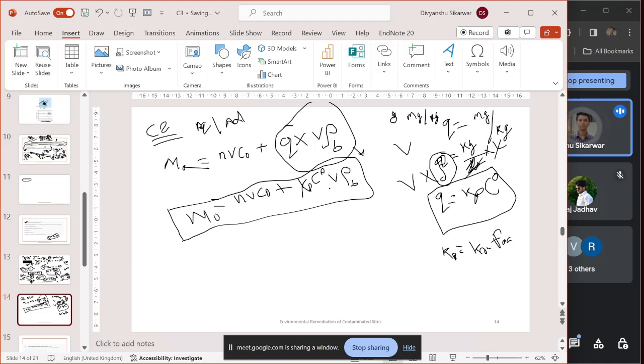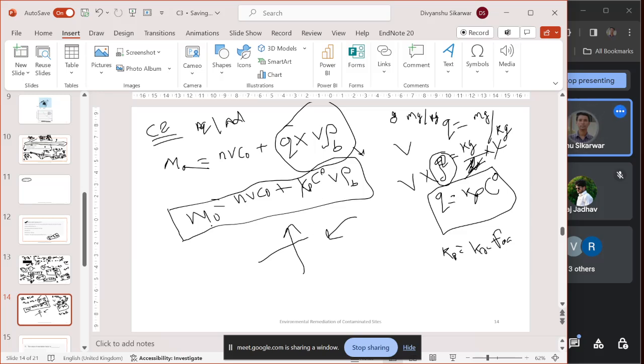If you pump water for 1 month, some contaminant will come out in dissolved form, and then you leave it for some time. Then the adsorbed contaminant will get desorbed and come into the water, and then you pump the water out again. You will remove some of the contaminant, then again leave it for some time. So you need to do multiple iterations, right?